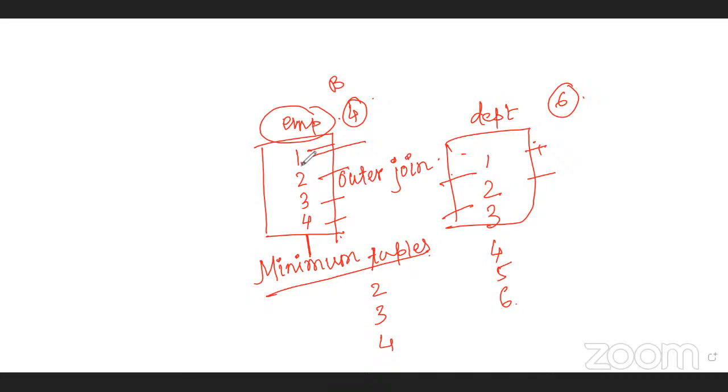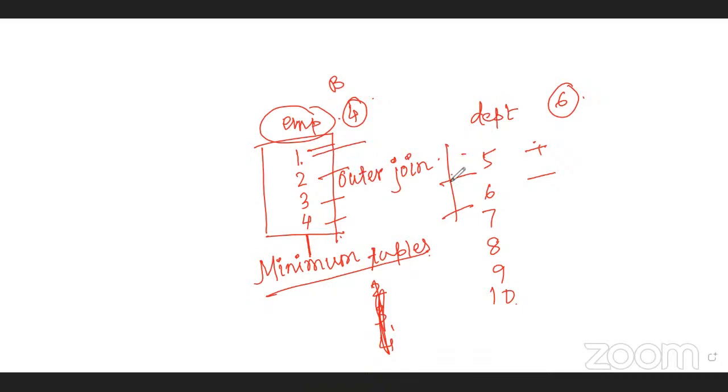Okay. Suppose the entries are like 1, 2, 3, 4, and here the entries of this one are like 5, 6, 7, 8, 9, 10. So what will a full outer join do?